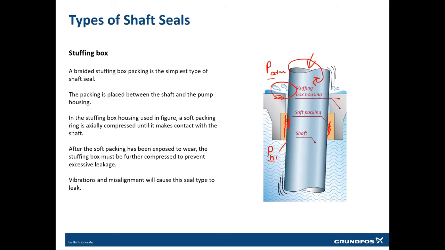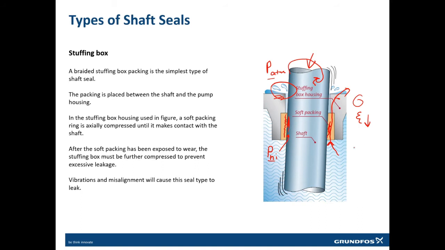This water will try to sneak through here every time this is rotating. Once this gland packing becomes loose, more water will go through it to the atmosphere. When more water goes to the atmosphere, first of all, your efficiency will go down.